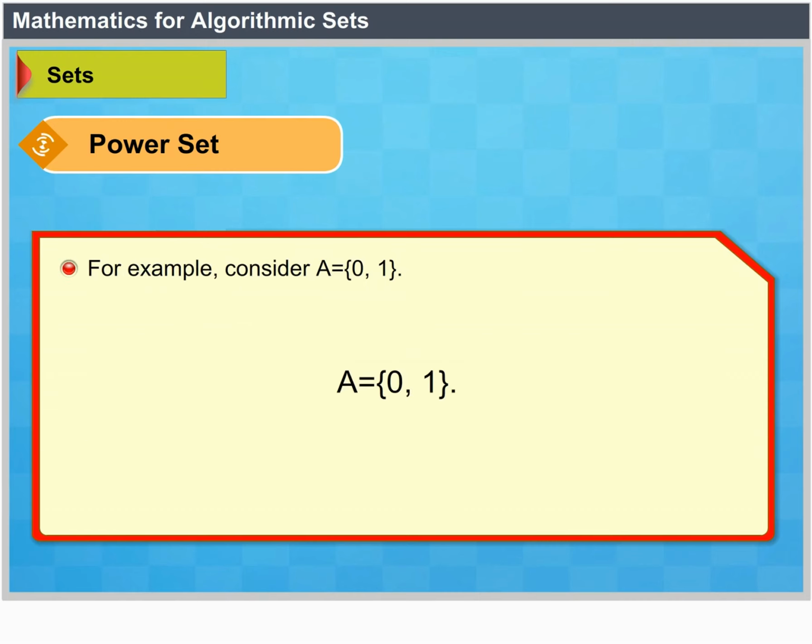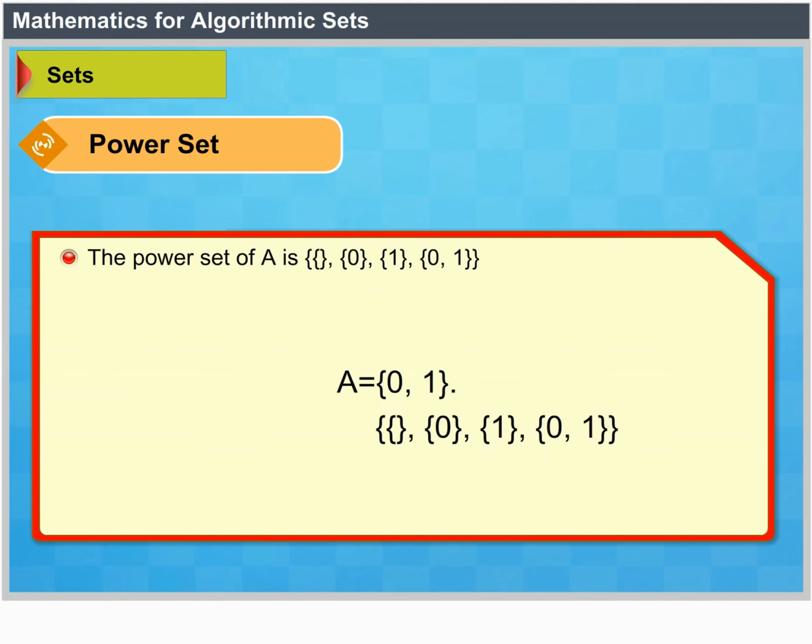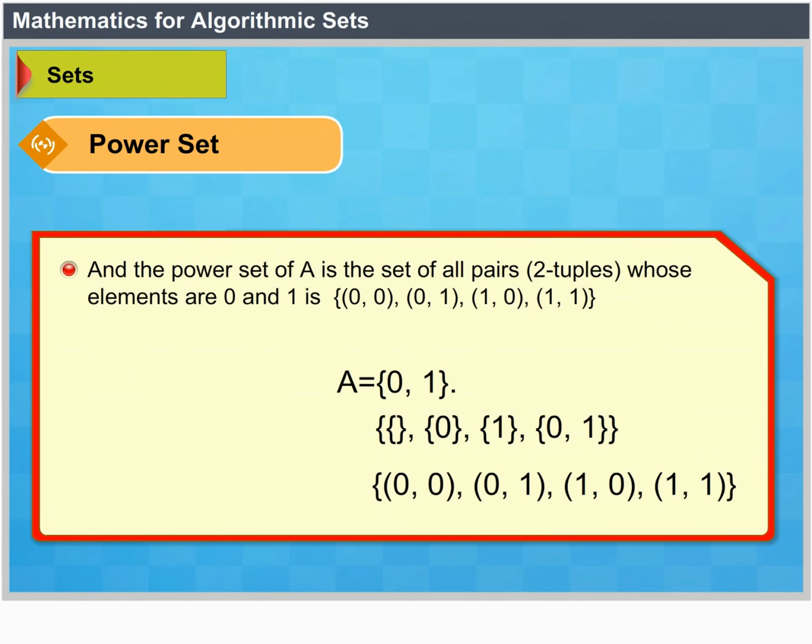The power set of A has the subsets empty set, {0}, {1}, {0, 1}. And the power set of A is the set of all pairs, 2-tuples are called pairs, whose elements are 0 and 1, has the subsets (0, 0), (0, 1), (1, 0) and (1, 1).